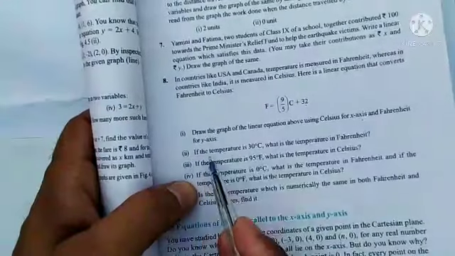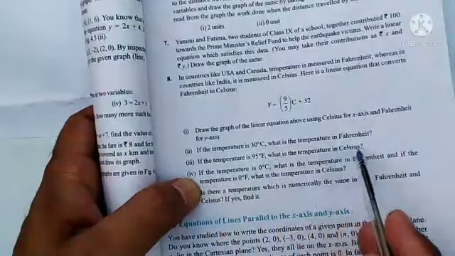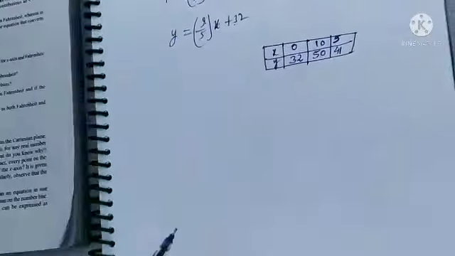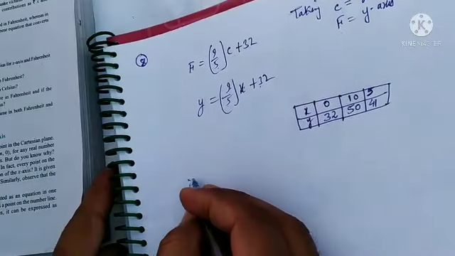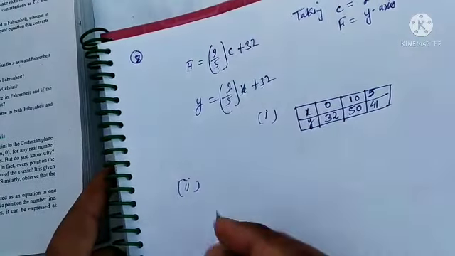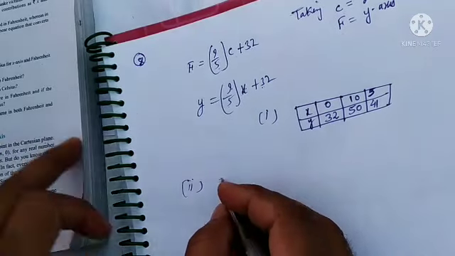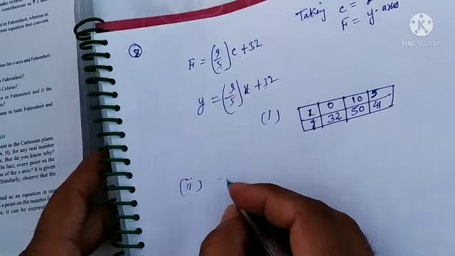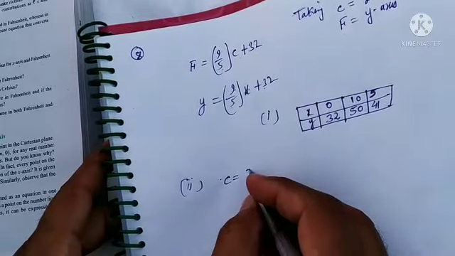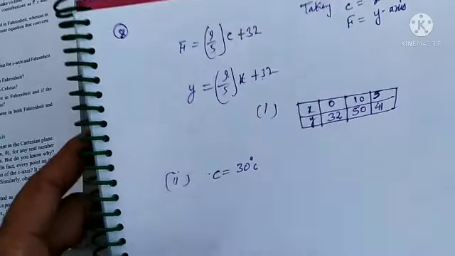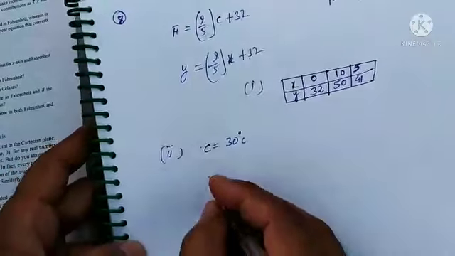Now first part is done, here is the second part. If the temperature is 30 degrees Celsius, what is the temperature in Fahrenheit? It's very easy. First part we have done in the graph. C, Celsius, is given as 30 degrees. So what is the temperature in Fahrenheit? Put the value here.